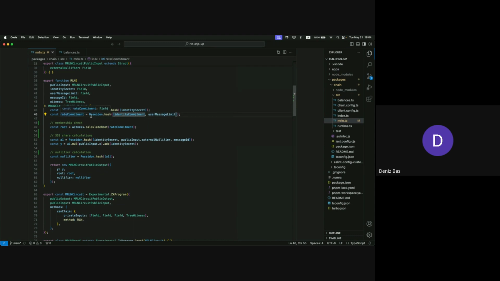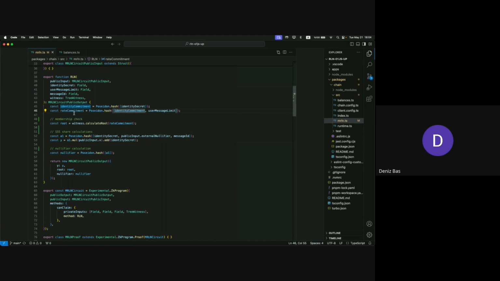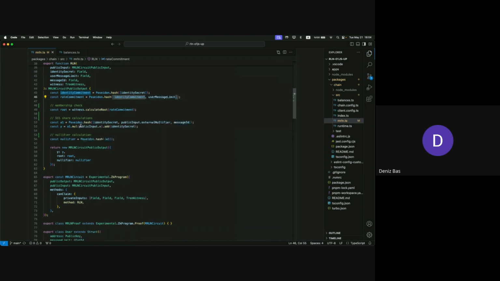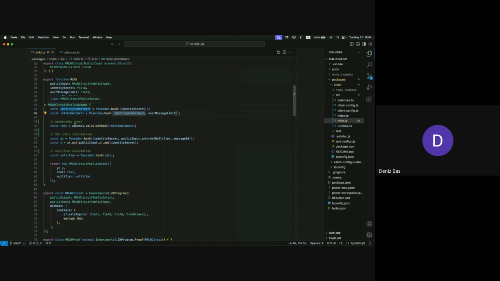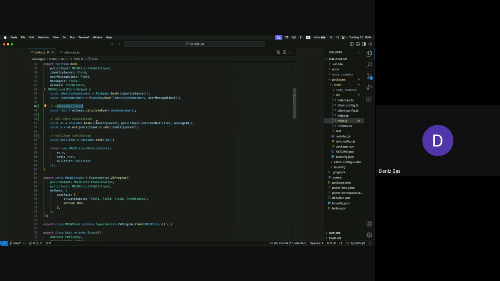I will talk about the commitments in more detail later, but let me first introduce the circuit. We do a membership check here, also known as Semaphore on EVM ecosystems. Then we do a Shamir secret calculation, as I explained before, and we also calculate the nullifier.